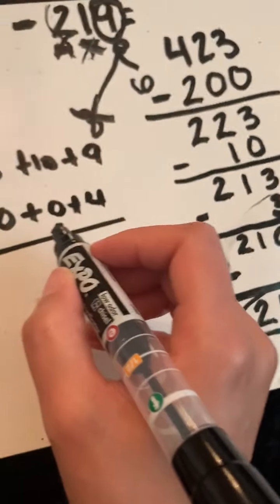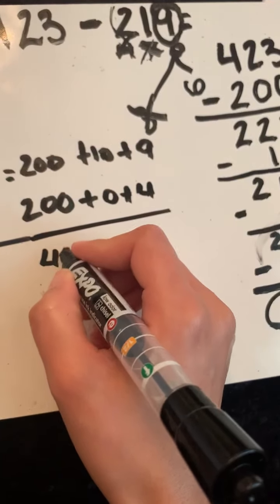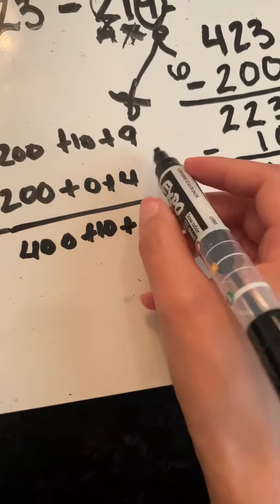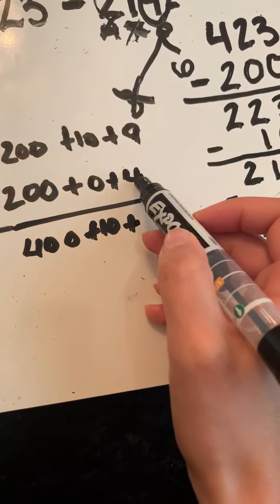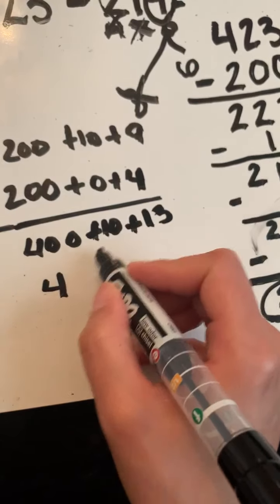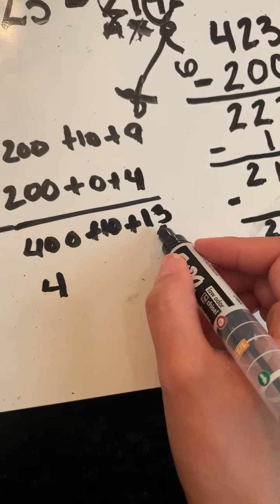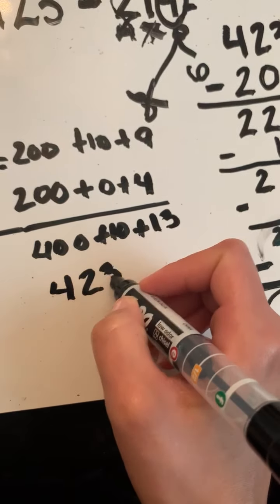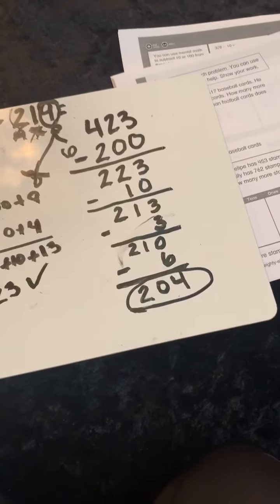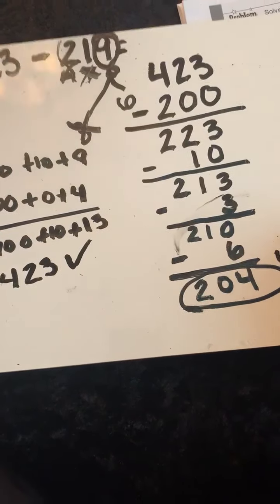Put a 0 as a holding place right there. Plus 10. Oh, 9 and 4, 13. 410, 23. 423. My work is done. So 204 is correct. That is the difference.